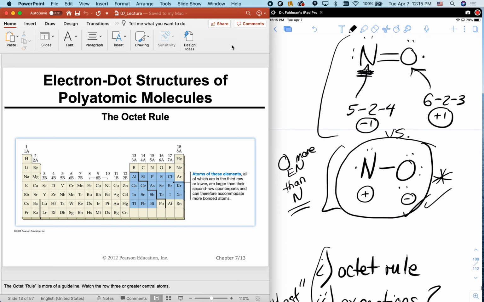Okay. By the way, this structure, the real one, if I draw it clean here, this again is the best structure. This is called a radical, sometimes called a free radical. You've probably heard this term, like skin creams, those kinds of things will scavenge, they'll go after free radicals in the skin or whatever. Free radicals just mean that they have at least one unpaired electron, and that makes them very, very reactive.